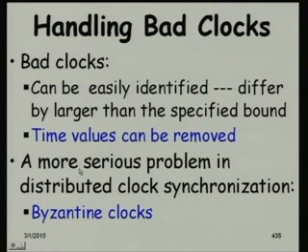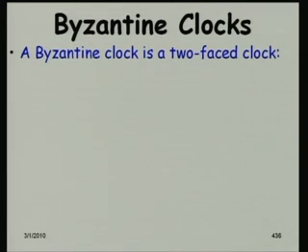But a more serious problem is the Byzantine clocks. Bad clocks are not a big problem, can be easily handled. The problem is the Byzantine clocks. A Byzantine clock is a two-faced clock.